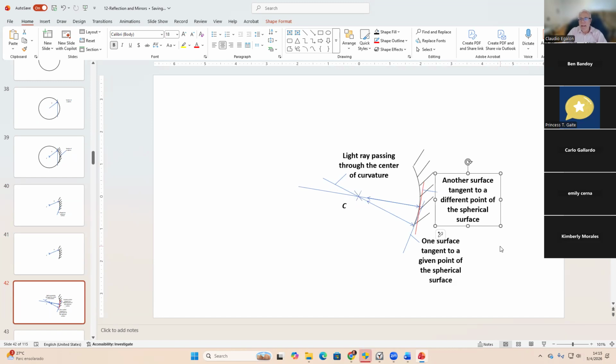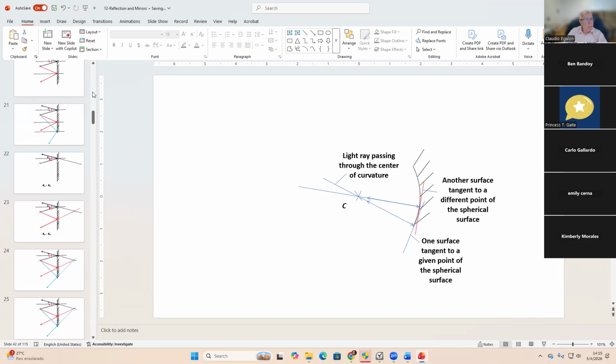So now you should have an idea of the difference between normal and perpendicular, right? Going back to 22.